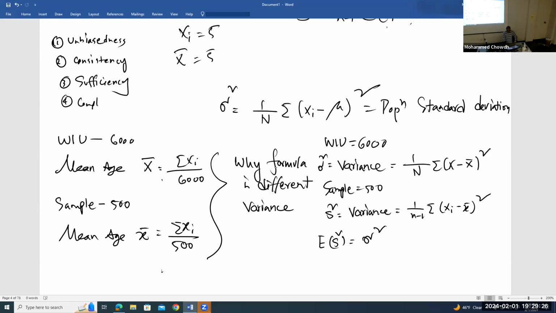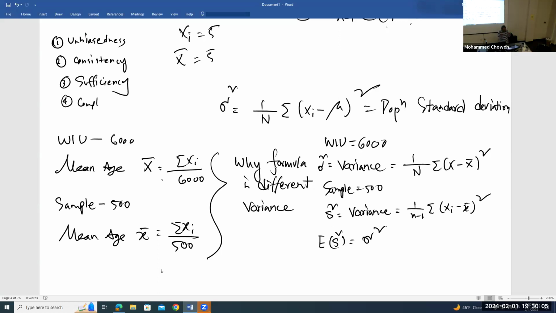By using the data you are computing the mean, so you are losing a degree of freedom. I can show you with, for example, 5 or 6 data points: if I compute these, you lose a degree of freedom, because all the data are used to compute this X bar. So that is why you are losing one.